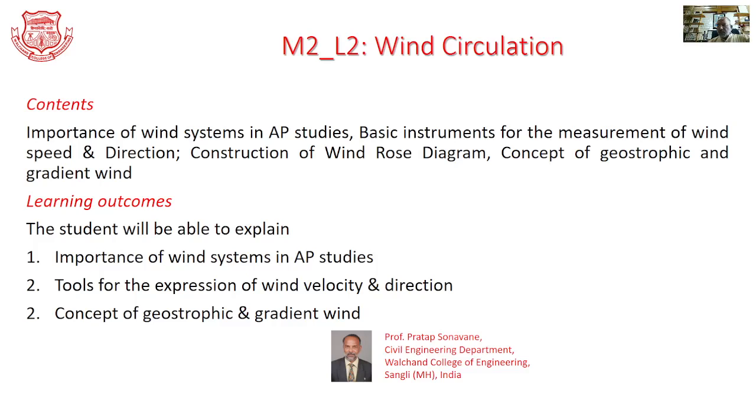In the last lecture, we discussed the composition of the atmosphere, characteristics of the atmosphere, in addition to the dynamics associated with the atmosphere in terms of primary parameters and secondary meteorological parameters.